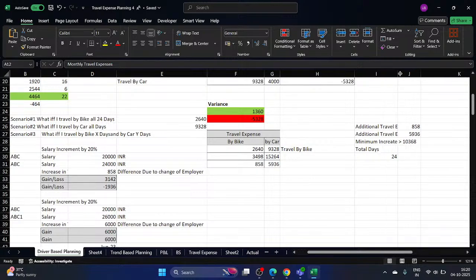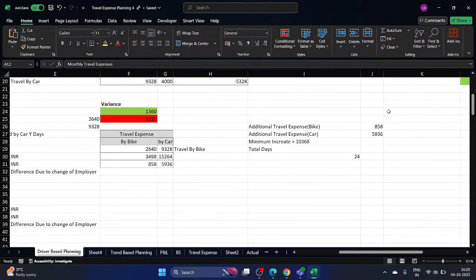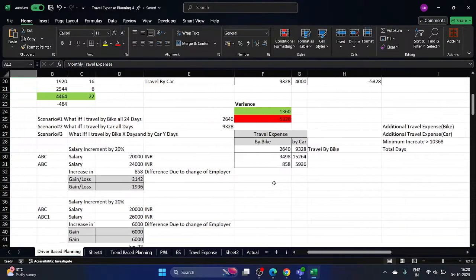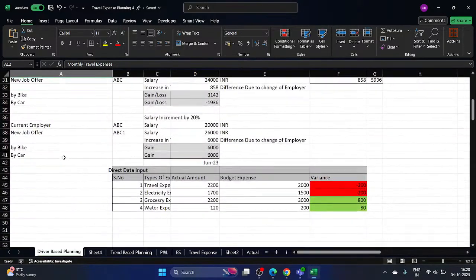Here I am just dragging it so that I could see the exact data which is hidden under it. I think there could be some data here also. Yeah, so this is the process which we can do here.